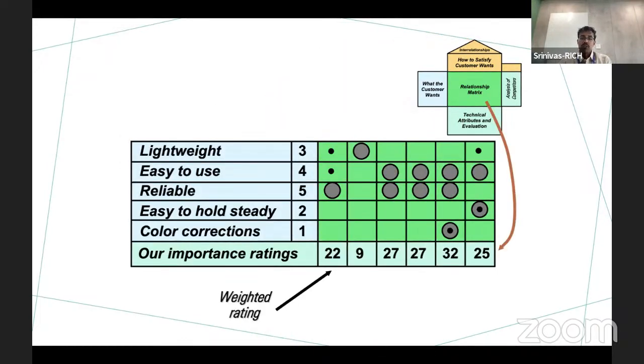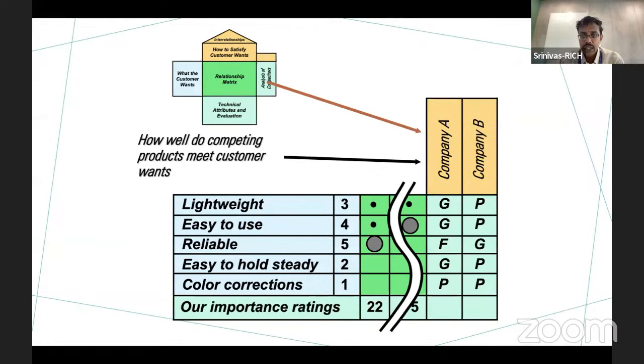And then you look at further doing an evaluation of competitor products vis-a-vis the functional requirements identified for your product. Right? And then here you have a good, fair, and poor kind of ranking, right? And then you say that, okay, this company is doing fairly good.